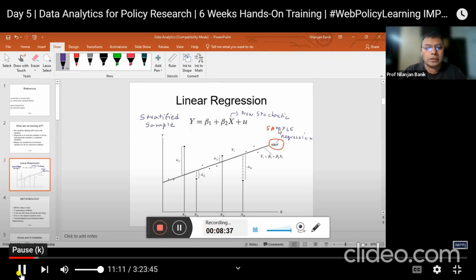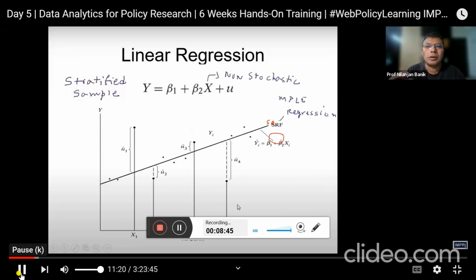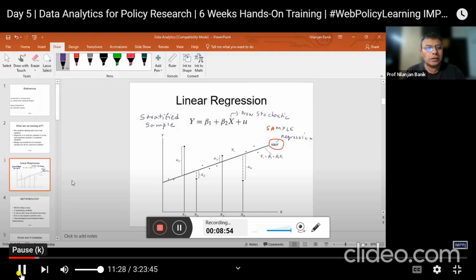My question to you is, and anyone can answer to motivate this discussion, this is very interesting as you actually go and start collecting the data. I'm sure that you have heard these two words: X is non-stochastic and stratified sample.